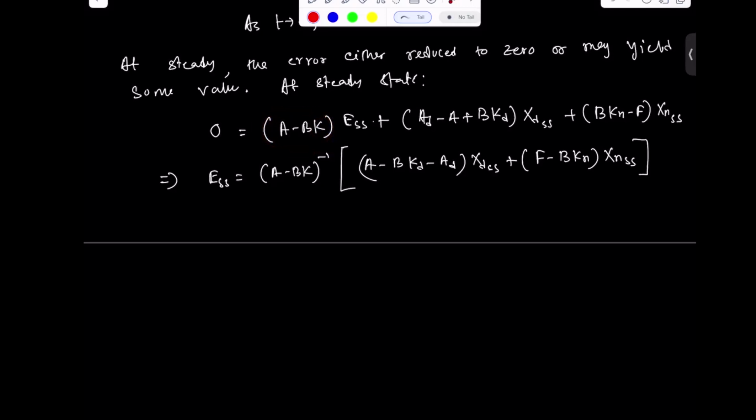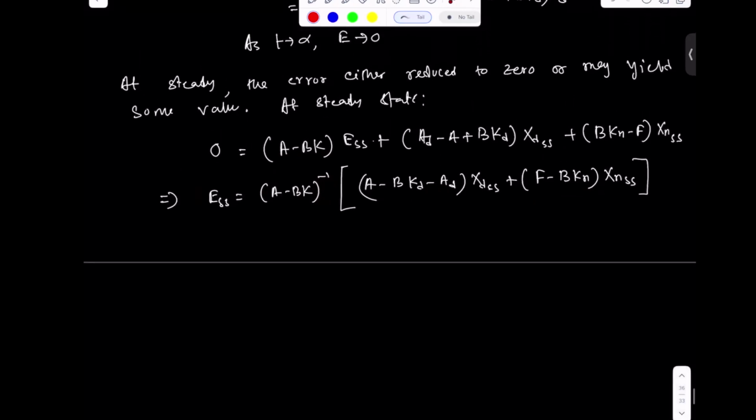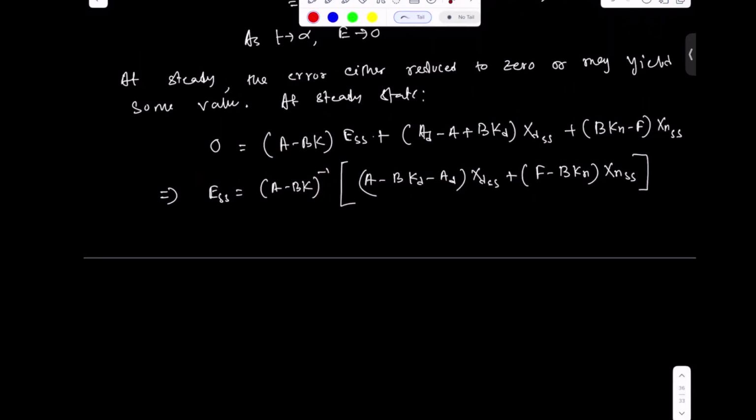Now, the only other condition: e_ss can be made zero when this part and this part go to zero. That is very important because A minus BK is not going to zero. Otherwise, the inverse will not be possible. Practically, we have seen in the previous questions that A minus BK is always invertible.